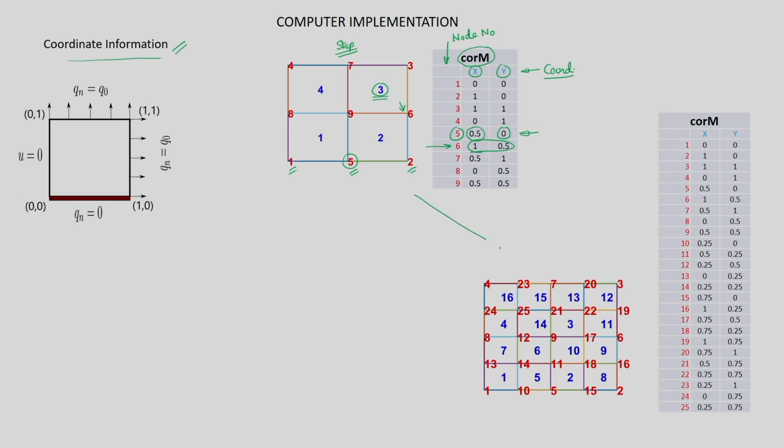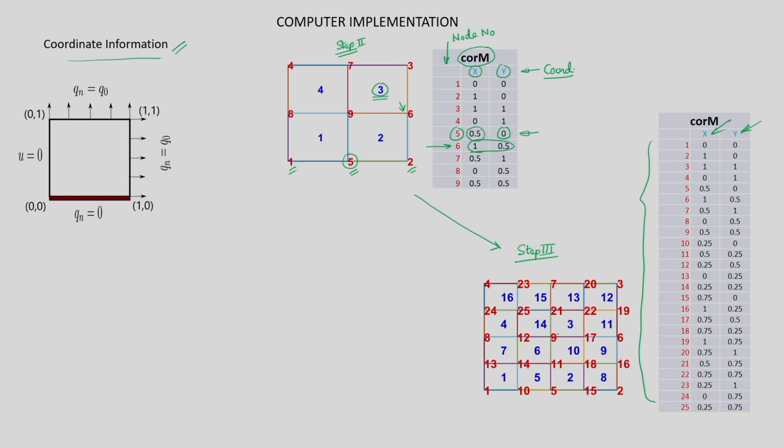So, in step 3, similarly we have noted down all the information. So, this is step 2, for 16 elements. In step 3 there are 16 elements, and as you see there are 25 nodes. So, there are 25 rows in this coordinate matrix, because each of the rows corresponds to the global node, and the first column is the x coordinate, the second column gives us the y coordinate of the corresponding node, alright.